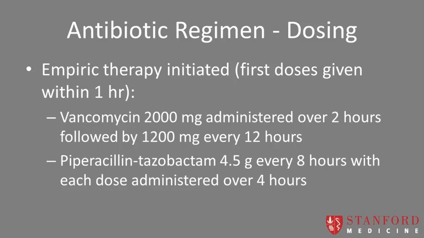So in this patient, vancomycin was administered as an initial dose of 2,000 milligrams over 2 hours, followed by 1,200 milligrams every 12 hours, consistent with his body weight and his normal serum creatinine. Piperacillin tazobactam was administered in a dose of 4.5 grams every 8 hours, but with each dose administered over 4 hours.